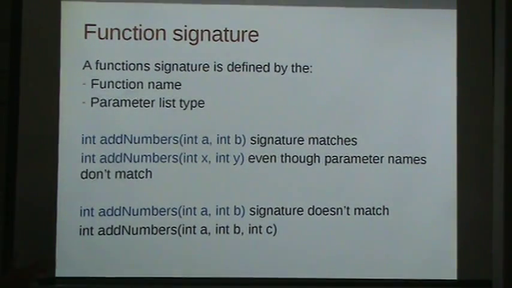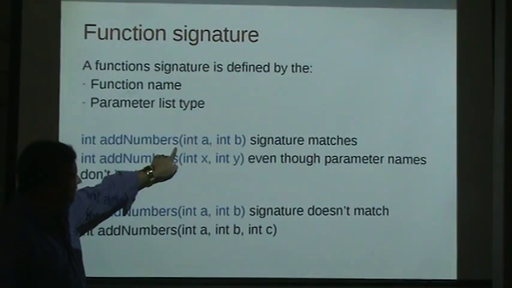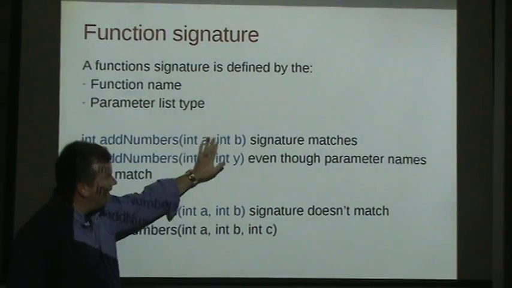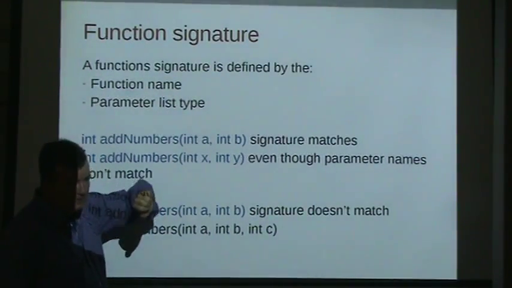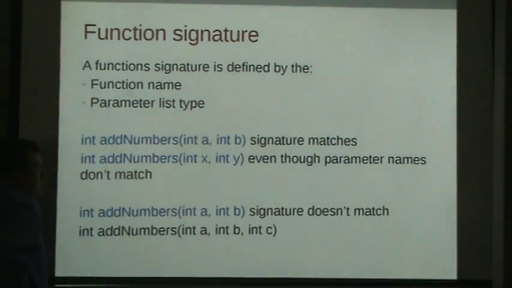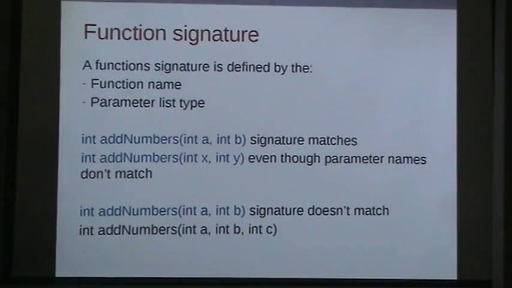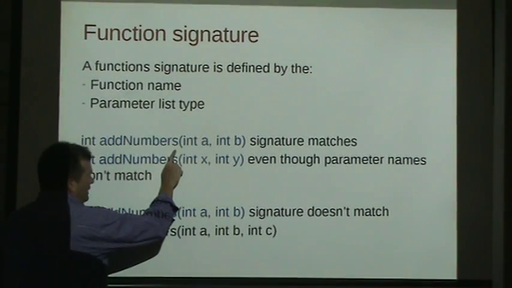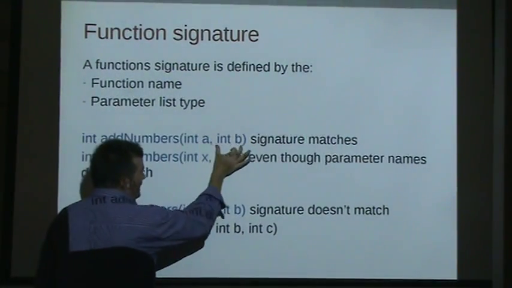But in C++ or Java, the signature of a method is actually the name of the method combined with the types of the parameter list. So two methods have the same exact signature if the name of the method matches and the parameter types match.